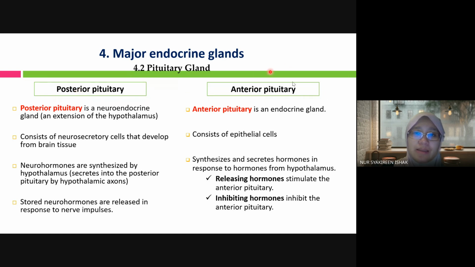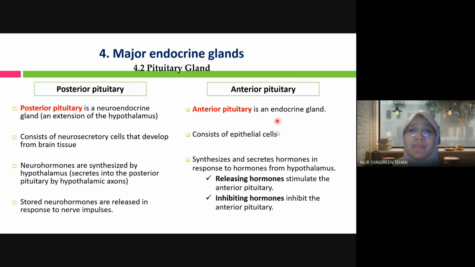Posterior is the back, anterior is the front. Okay, so the posterior pituitary is a neuroendocrine gland. It consists of neurons extending from the hypothalamus. So that's why it is neuroendocrine. In order for the posterior pituitary to secrete the hormones, it needs instruction, or the transmission of impulses, from the hypothalamus.